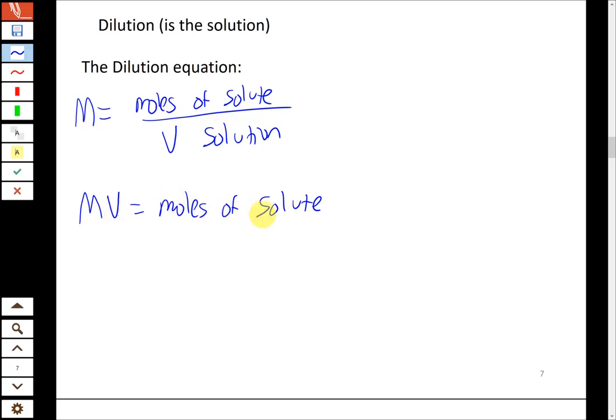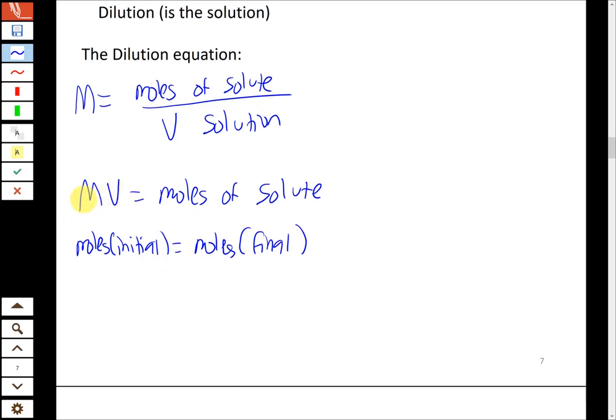We also recognize, as we just said, in a dilution problem, the moles of solute stays the same. So the initial number of moles that you have before dilution is equal to the moles that you have after dilution. So moles initial is equal to moles final. Both of those numbers of moles are given by the respective molarity and volume.